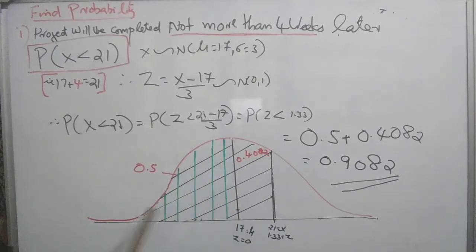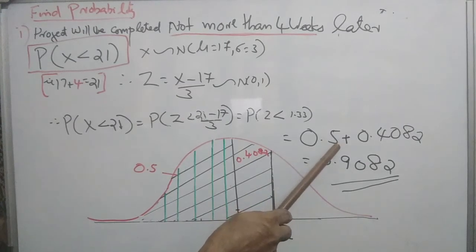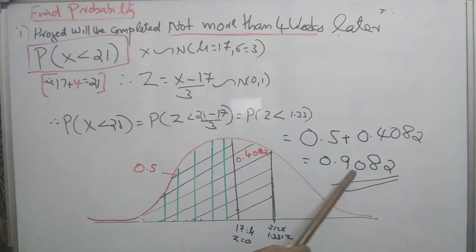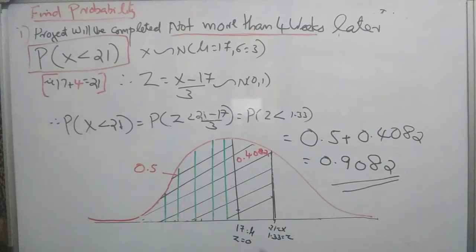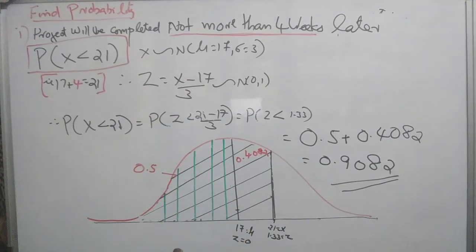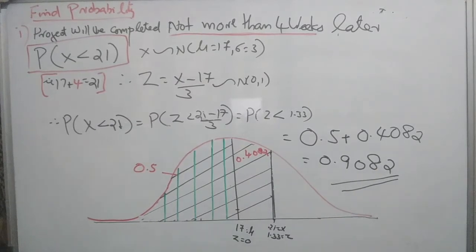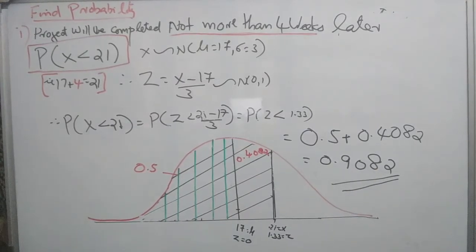And this portion, less than the mean, less than mu, less than 0, is 0.5. Therefore, the required area is this area plus this area. That is 0.5 plus 0.4082, that is 0.9082. Therefore, the required probability of completing the job before 21 weeks is 0.9082 or 90.82%.